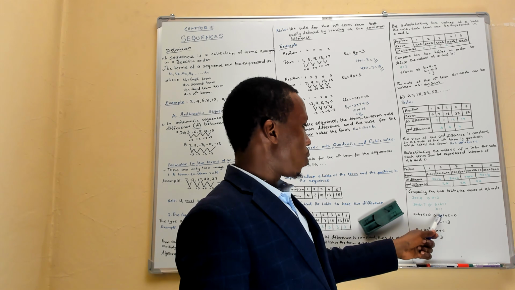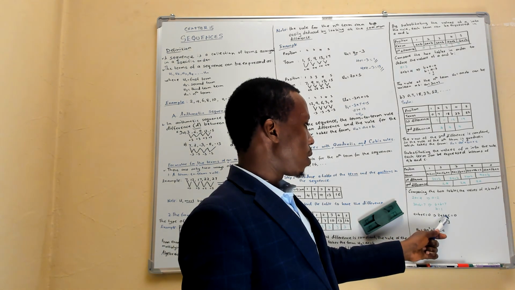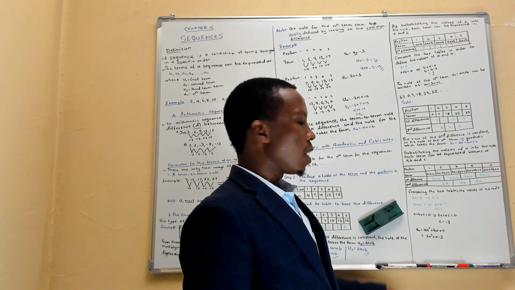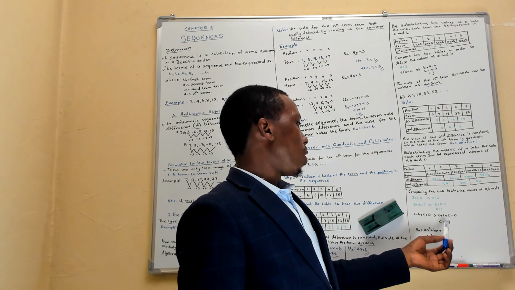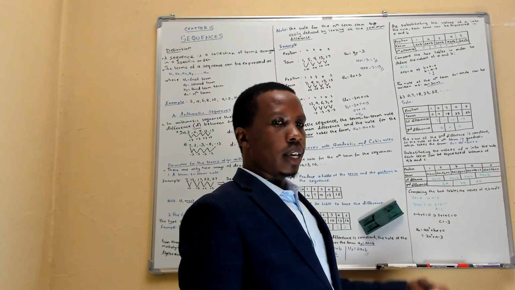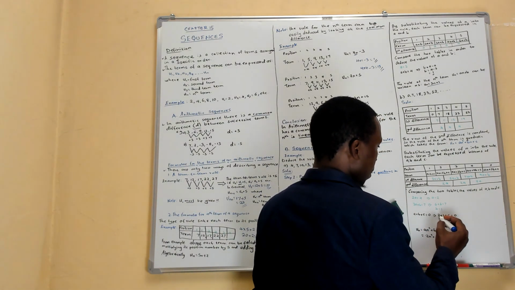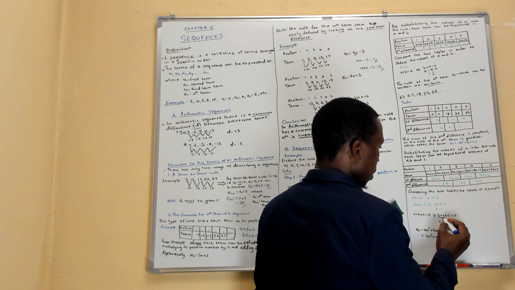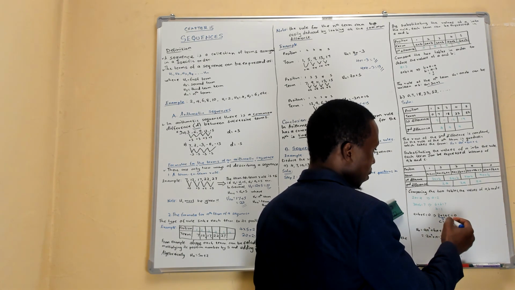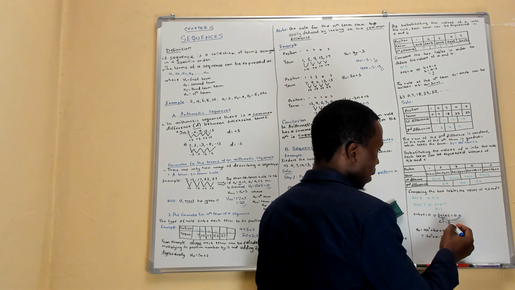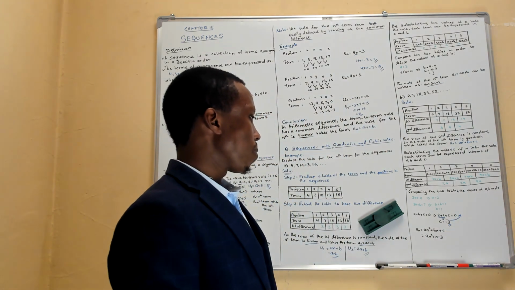So a, which is 2, I substitute it here. Then b, which is 1, I substitute it here, plus c equals 0. Then I remain with c, which is, if 2 plus 1 is 3, so the whole of this gives me 3 here. If I move this 3 to the other side of the equation, it becomes negative 3. So c is negative 3.